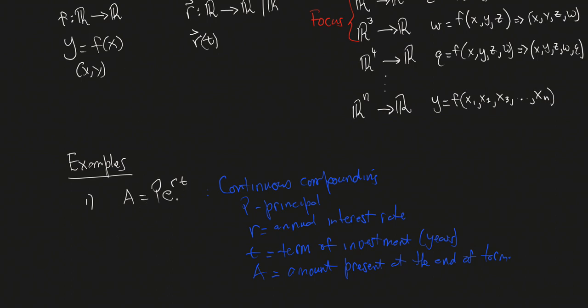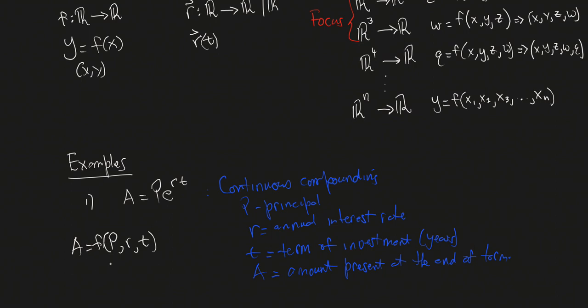But really what is implied here, if I don't assume that P, R, and T are constants, is that A is a function of my principal, my interest rate, and my time. Let me write it like this more clearly. So you have your A, and then it's equal to that.